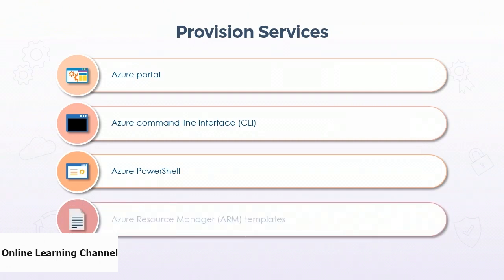And finally, ARM templates. What are ARM templates? Right, so any move to the cloud, we're probably going to do a lot of repetition. So by using templates, Azure Resource Manager templates, we can create configuration as code, and we can provision our services much more quickly and much more automatically using templates.